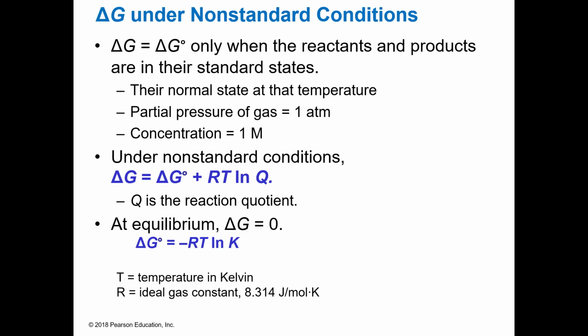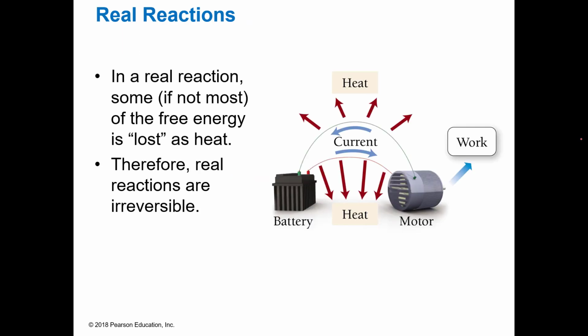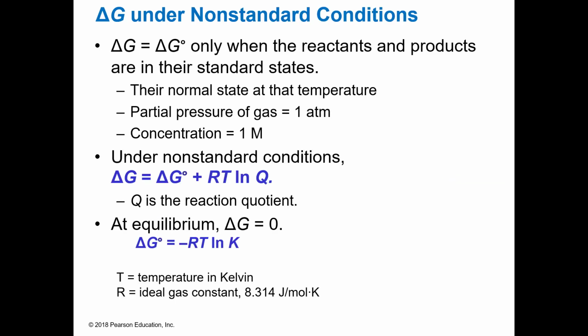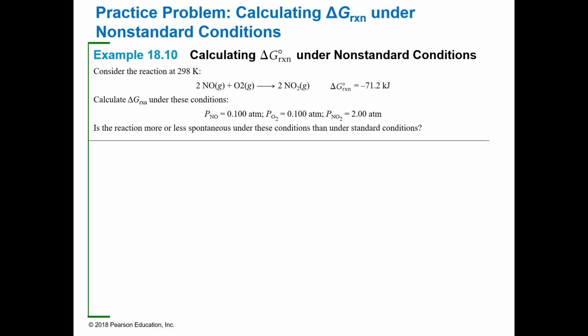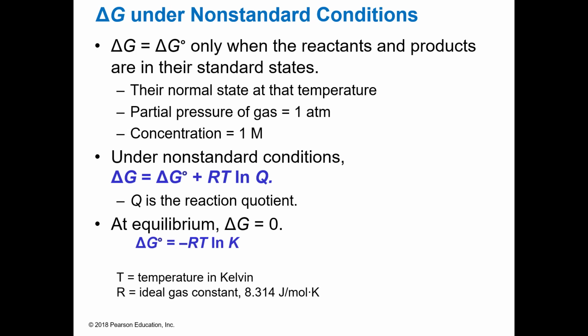So what we have is we've talked about Gibbs free energy in terms of the direct method and the indirect method, and we've talked about Gibbs free energy in terms of delta H enthalpy and delta S entropy changes.